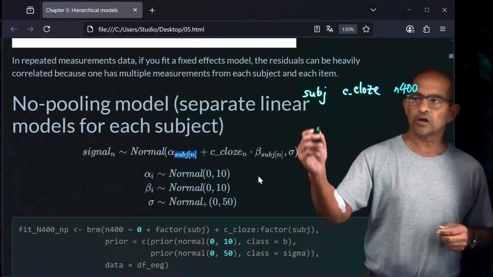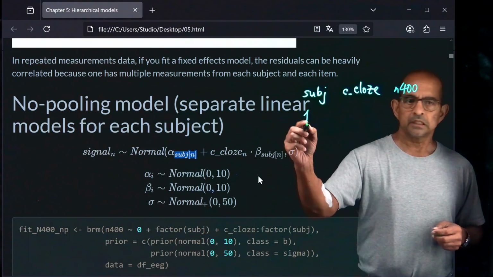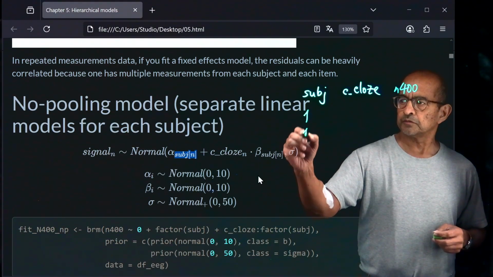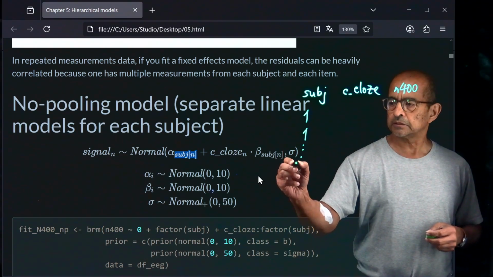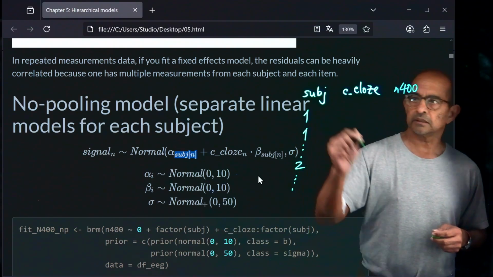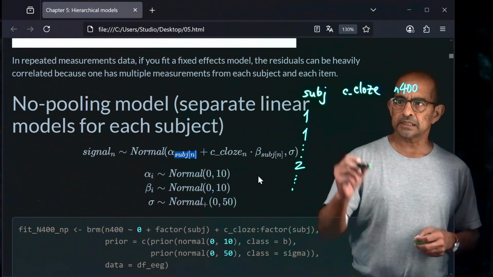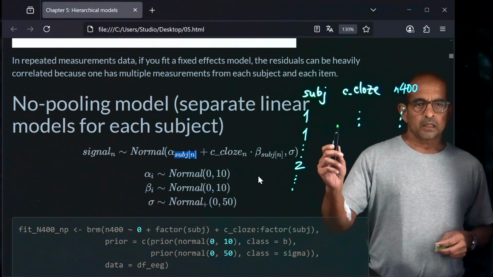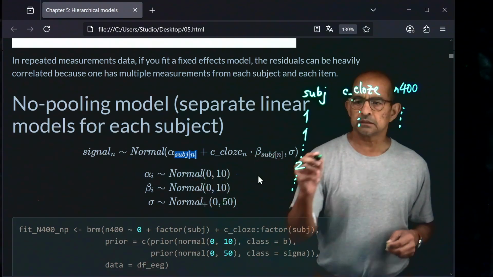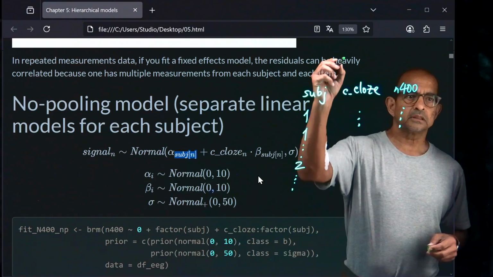It has, let's say, 3 columns, and we might have multiple measurements from subject 1, multiple measurements from subject 2, etc. There are some continuous values here, continuous values here. So this syntax here, the syntax that I'm showing you, let me write it here.